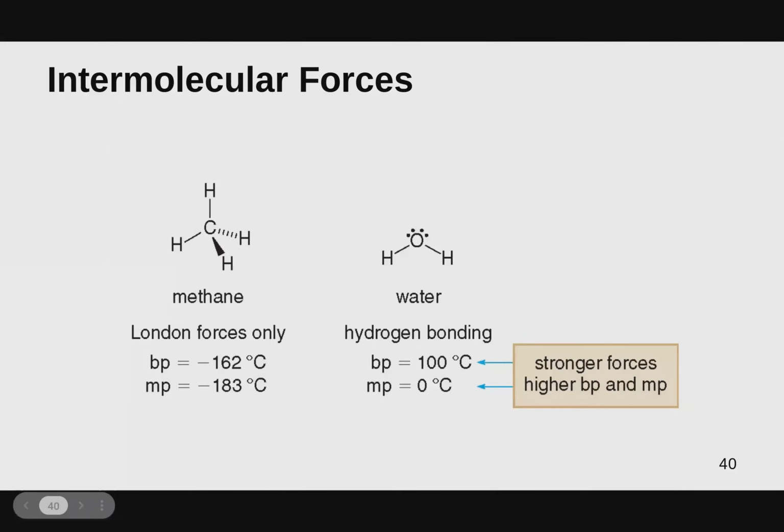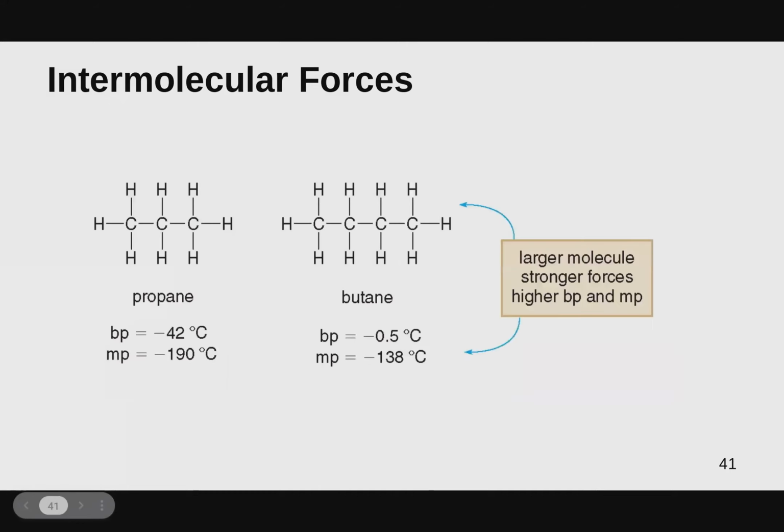That's methane with only London dispersal forces. Now, water has both London dispersal forces and hydrogen bonding. Now, you'll notice its boiling point is 100 degrees and its melting point is 0 degrees, significantly higher than methane.